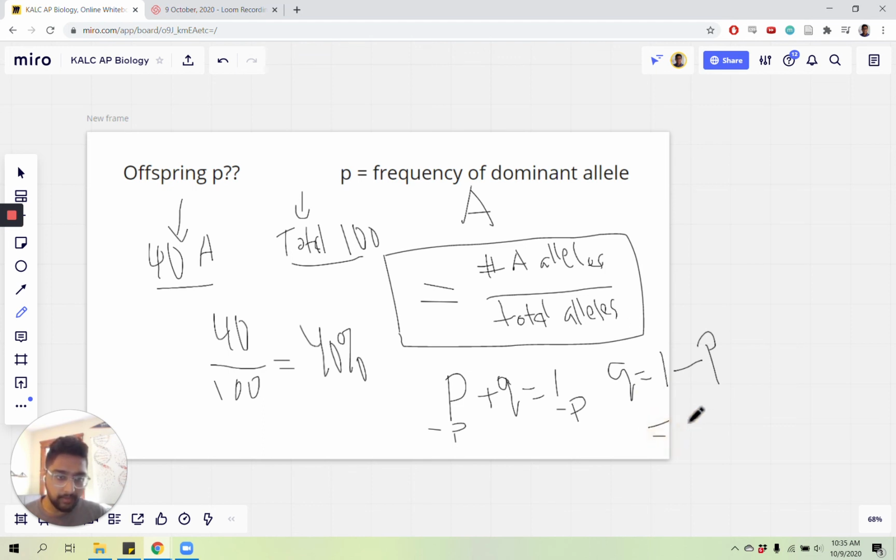I could literally write an equation that says 1 minus P. And there you go. That's what you would put in for offspring Q, except instead of P, you would also replace P with one of our cells, K something. Whatever you put in for offspring P, whatever that cell is, you just put in that cell name here for offspring P. And that gives you offspring Q. This gives you offspring P.